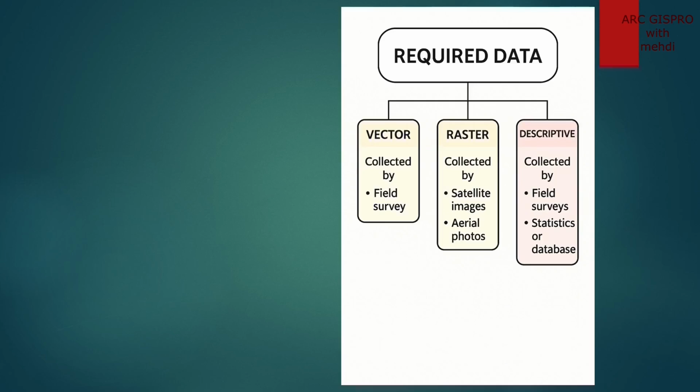Descriptive data is usually obtained from field surveys and field reports. This kind of data is called descriptive or attribute data and is collected through observation, like what is the name of the river and what is the name of this building, and like this.